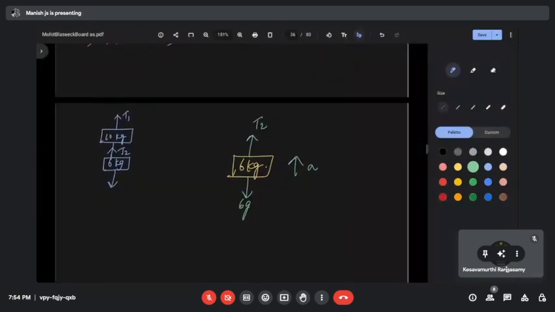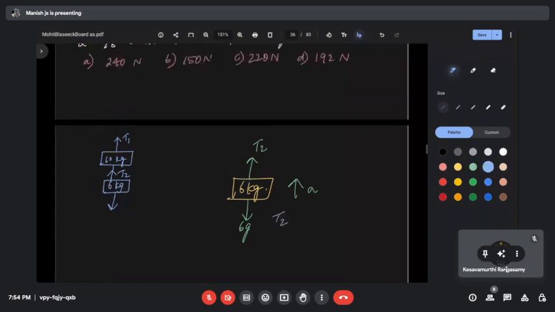Now write the equation: T2 minus 6g, with T2 acting vertically upwards, so it acts with the plus sign and the weight with the minus sign.